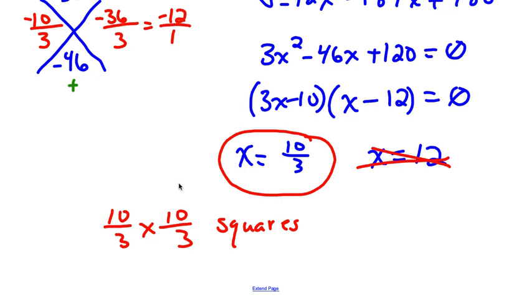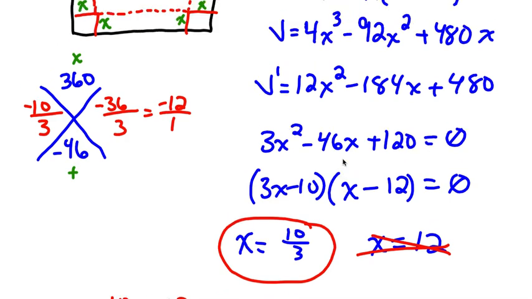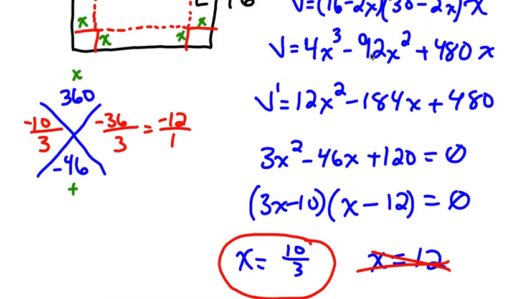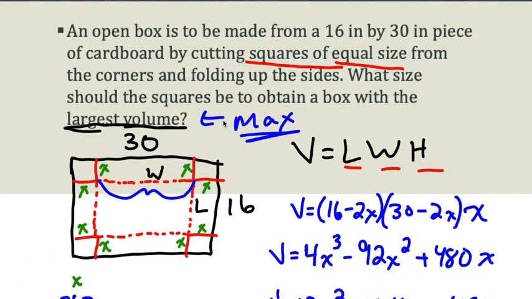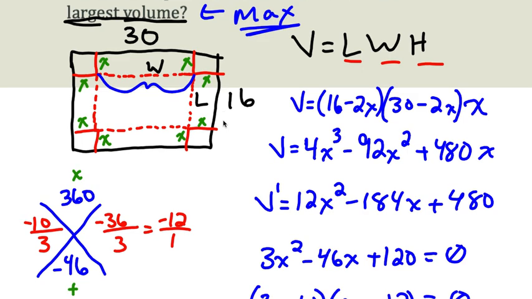You could do a guess and check, and then go through it like that. Or, if this is a calculator problem, you can take your volume, 4x cubed minus 92x squared plus 480x, graph it, set it equal, and then find the minimum. So you have some options there depending on whether it's a calculator or a non-calculator problem.